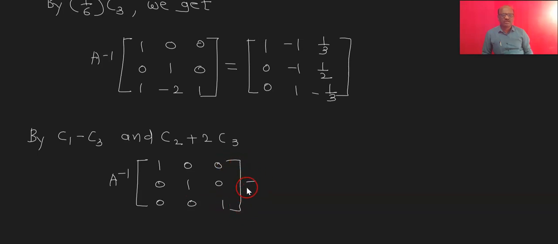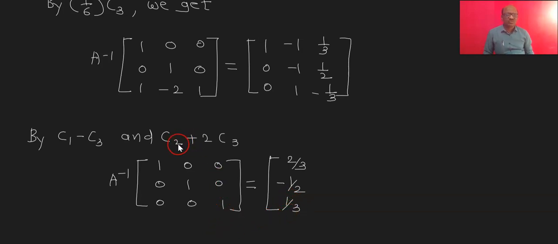This is the identity. On this side, C1 minus C3: 1 minus 1 by 3, there is a 2 by 3. Next is 0 minus 1 upon 2, that is minus 1 upon 2. Then 0 minus in bracket minus 1 by 3, there is a plus 1 upon 3.